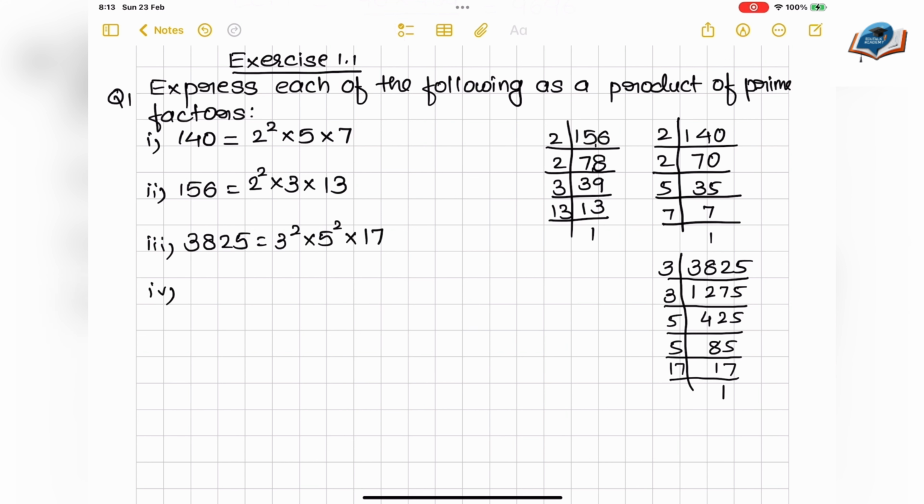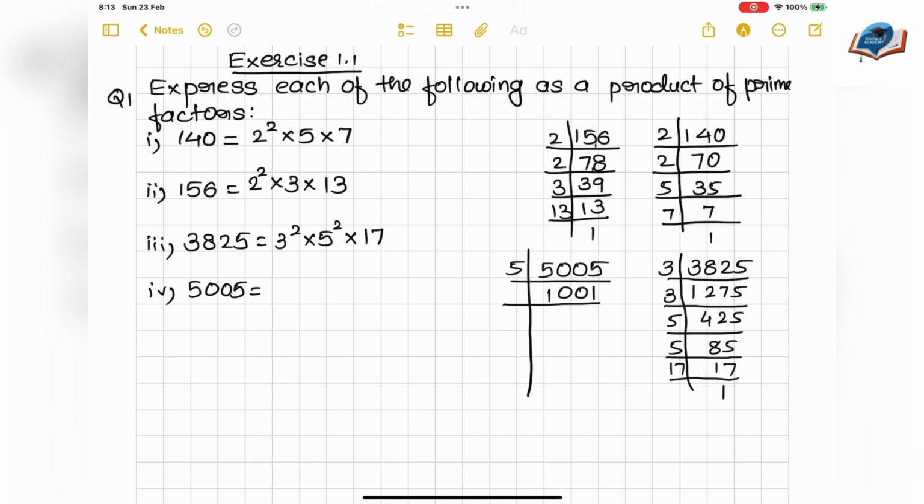Now the fourth one says 5005. If I do 5005, first 5 plus 5 is 10, so it is not going with 3, so with 5.